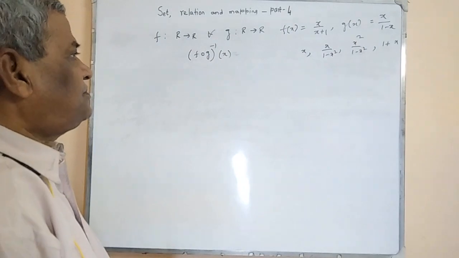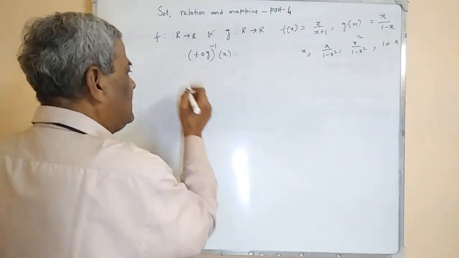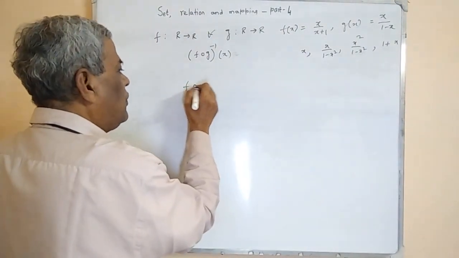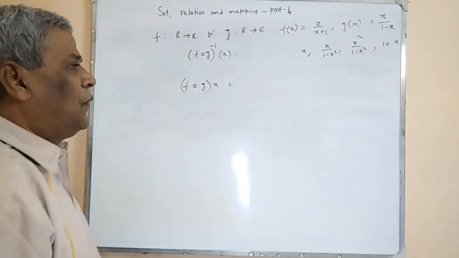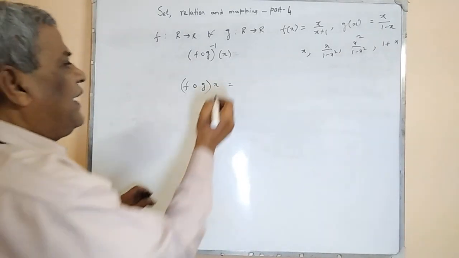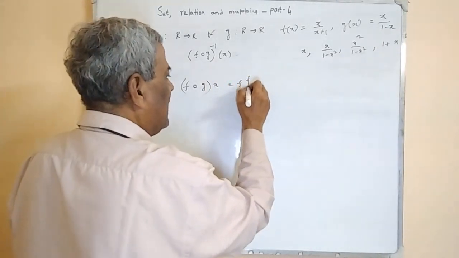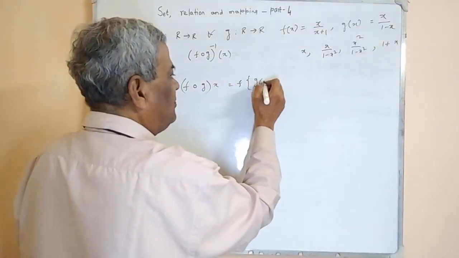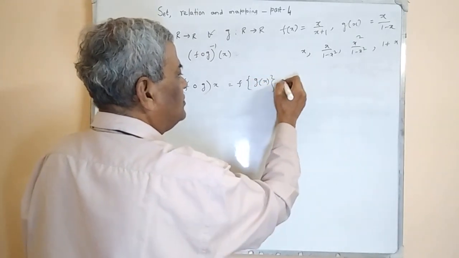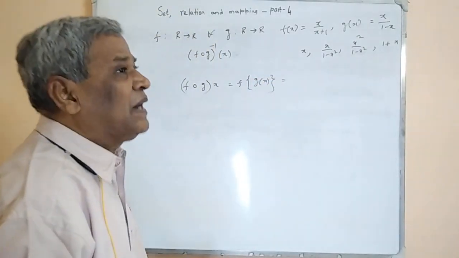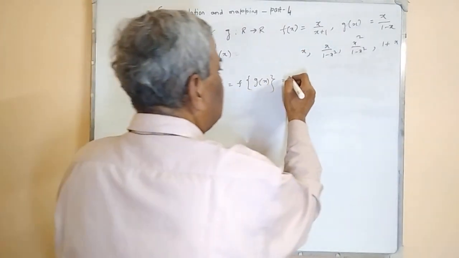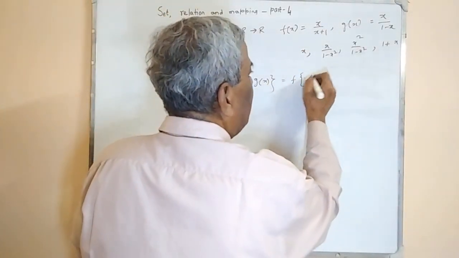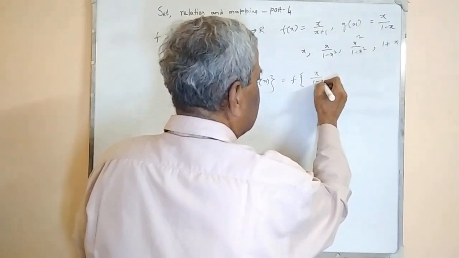So, first of all, find f∘g(x), which is equal to f of g(x), but g(x) is equal to x by 1 minus x.